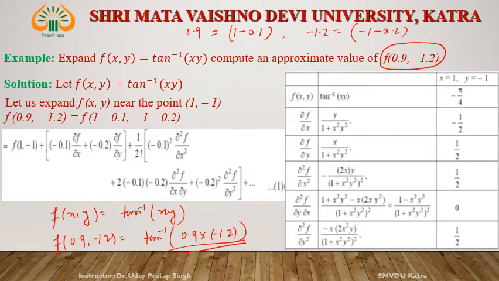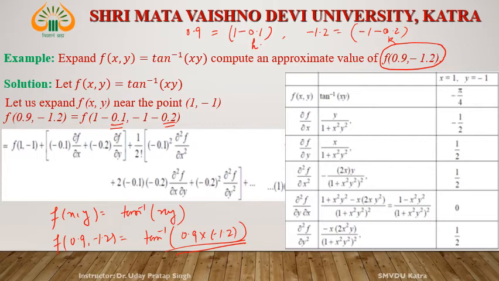This way we can write this. If we consider h is minus 0.1 and k is minus 0.2, and we apply Taylor series expansion, right?